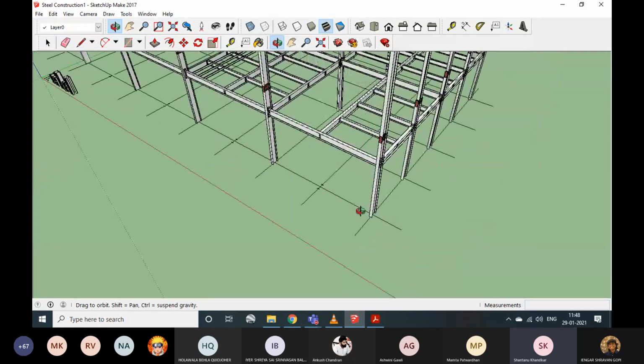So what would I get in terms of, say, an RCC column that I want to connect to a steel column? Again, a fairly simple sort of exercise. Suppose this is your RCC column that you have, of whatever size.